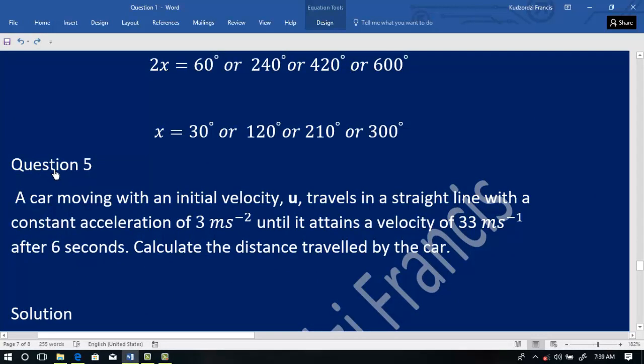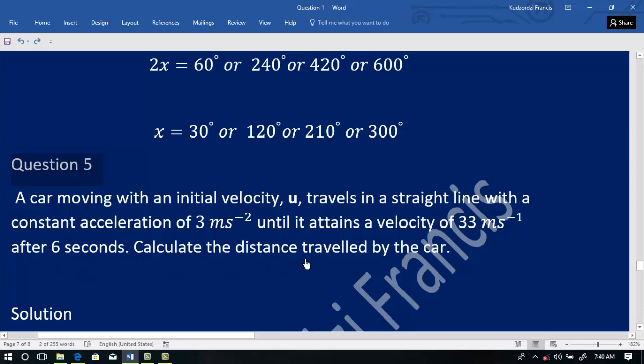Now let us consider question 5. A car moving with an initial velocity u travels in a straight line with a constant acceleration of 3 meters per second squared until it attains a velocity of 33 meters per second after 6 seconds.